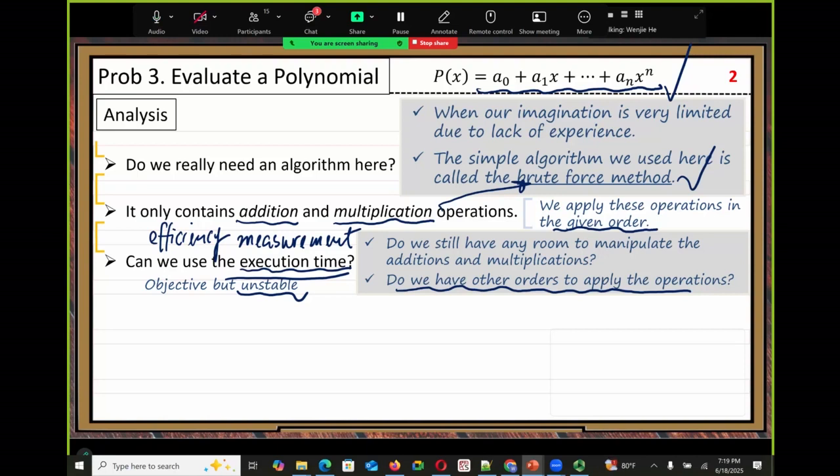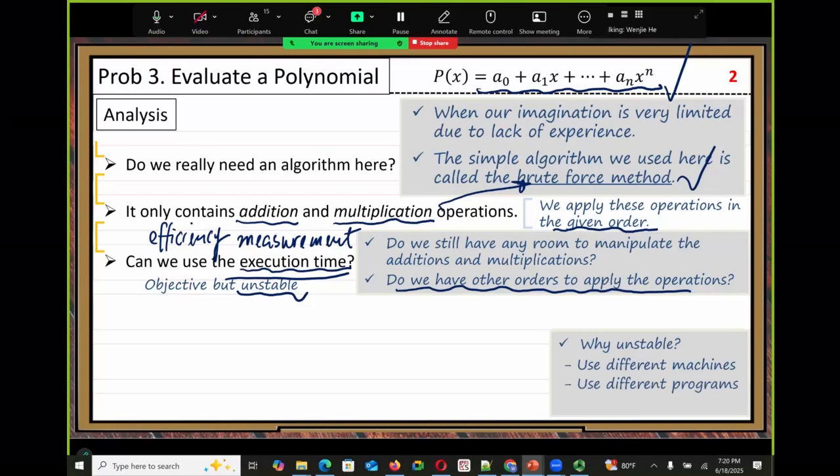So we treat this execution time measure as unstable, because you cannot specify what type of machine to use. From the hardware perspective, it's unstable.